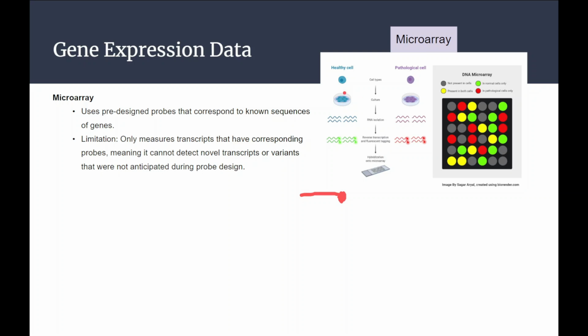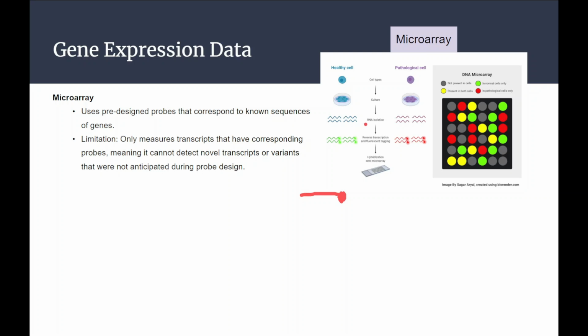Let's say, for example, I need to check the expression profile of 5 genes, so I prepare the probes for those 5 genes so I can capture them. My target is to capture those 5 genes' expression profile only. I'm not worried about whatever other transcripts are coming out from the cell. I'm interested in the expression profile of only the 5 genes.